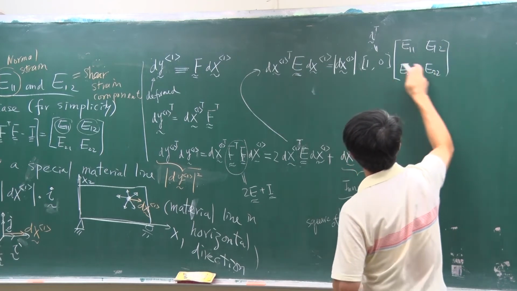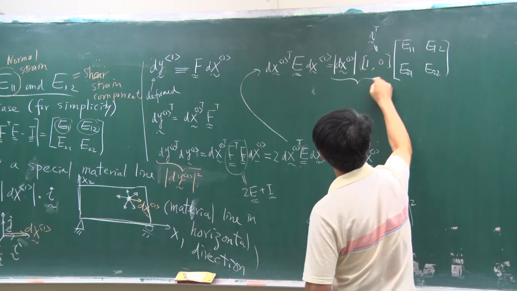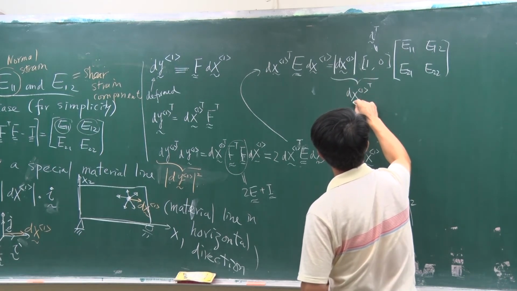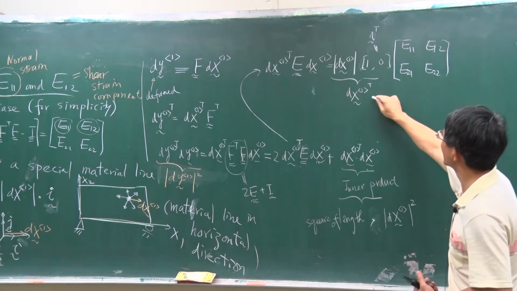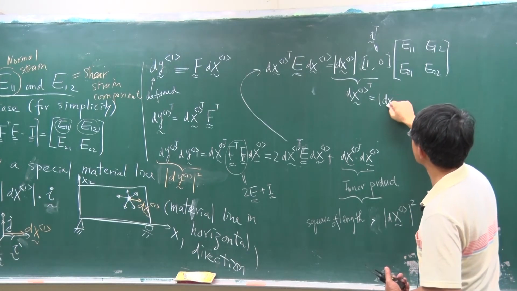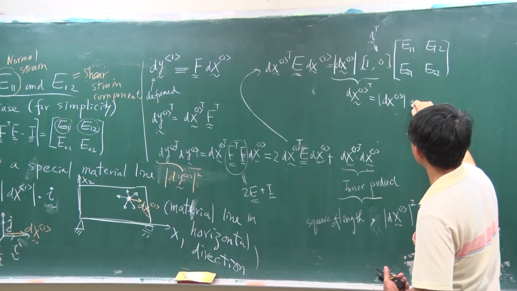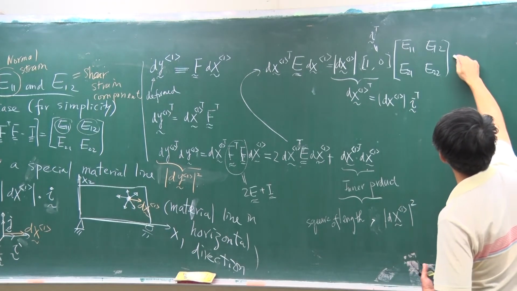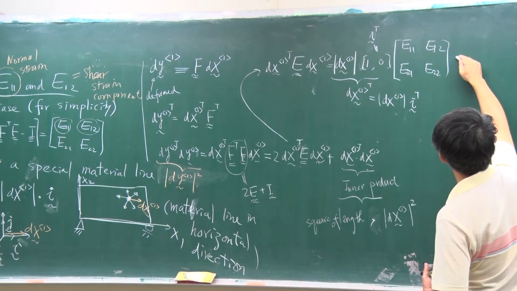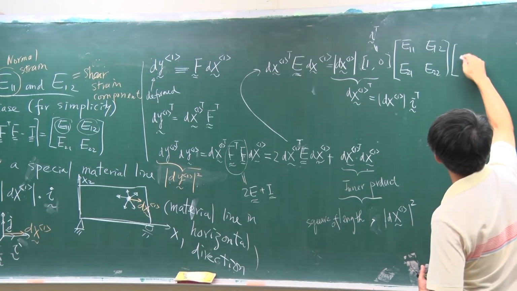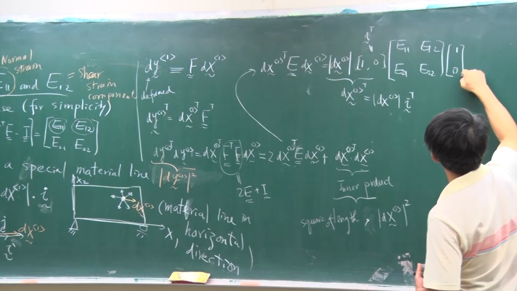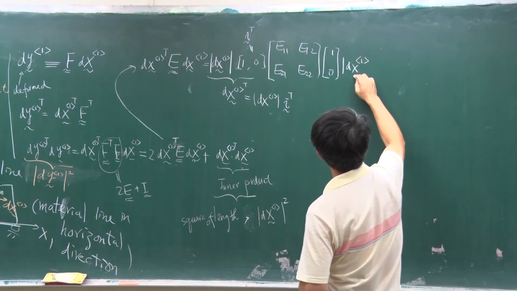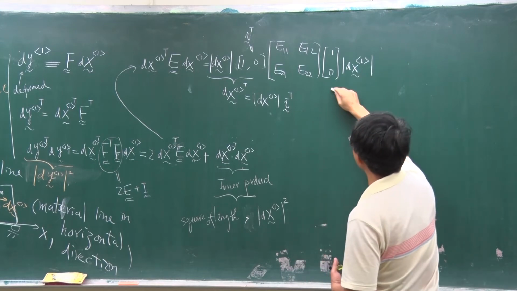This is the E vector, okay? And what is this?